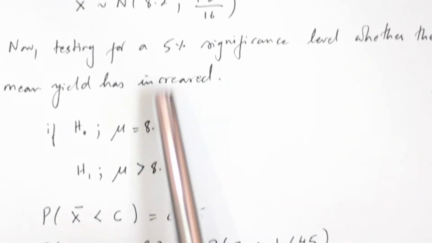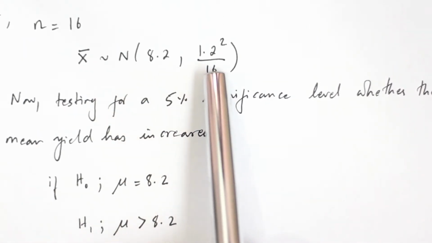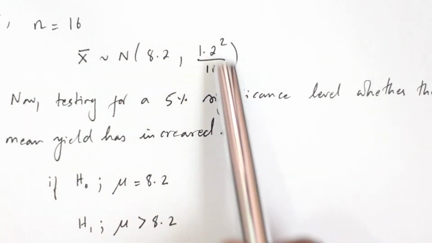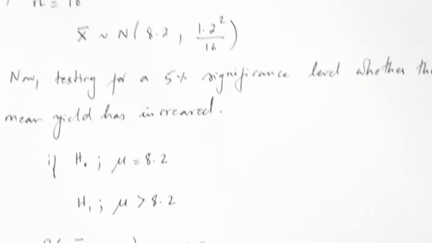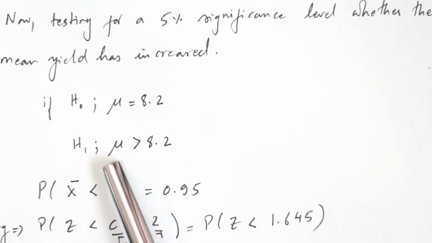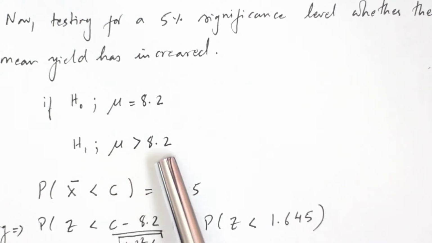So our distribution was this. We have to test our hypothesis in a way to check whether this distribution would still be valid up to 5%. Now, our alternative hypothesis is mu greater than 8.2.